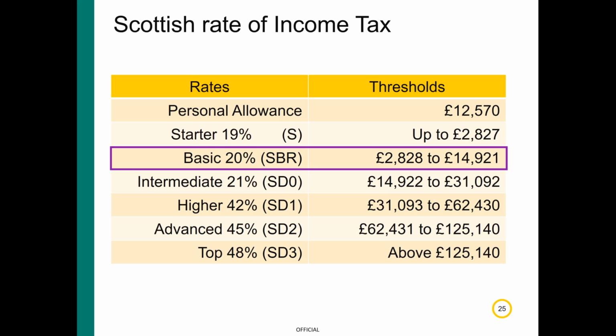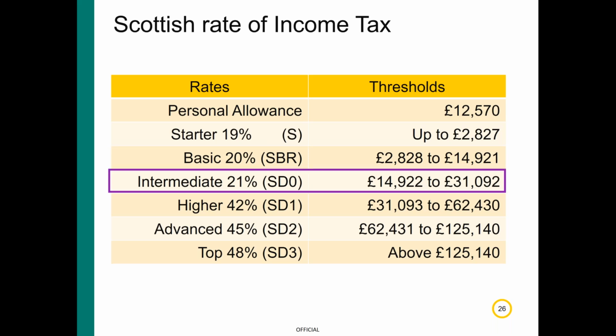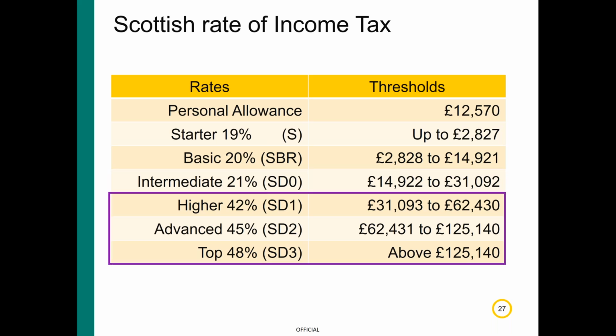The starting point for the intermediate rate increases to £14,922 up to £31,092 charged at 21%. The higher, advanced and top rates and thresholds are unchanged.